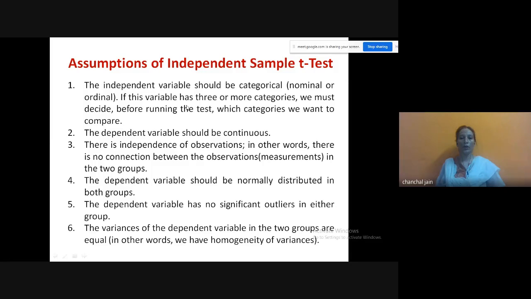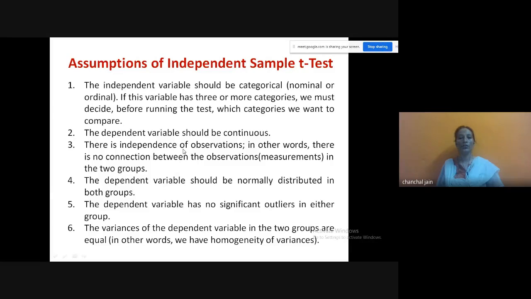There should be two groups available for the independent variable. Then the dependent variable should be continuous in nature, measured either on an interval scale or a ratio scale.